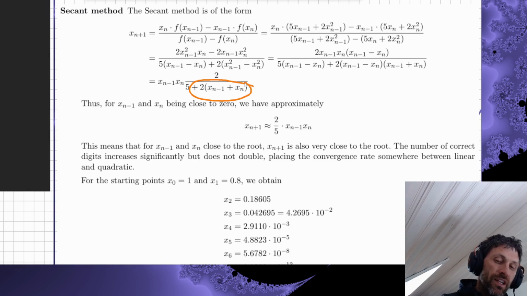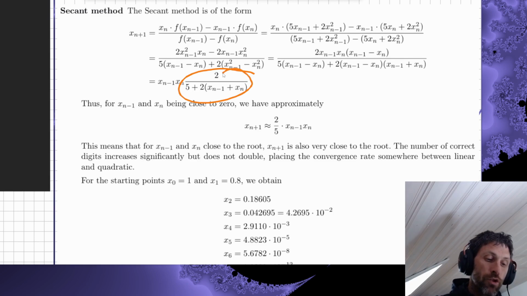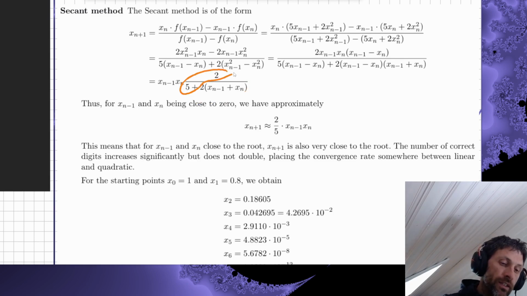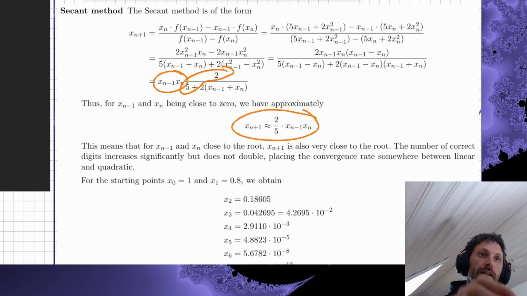So this product is close to 0, so this is close to 5, so this is close to 2 divided by 5, so we have 2 divided by 5 times that. Okay, so that's an interesting recurrence.